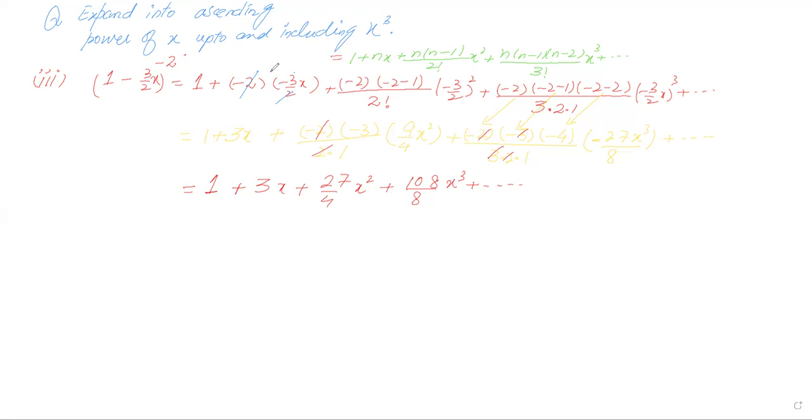Suppose that is equal to 1 plus x raised to power n. That is the condition over here. So whenever you have this expansion, the first term will be 1, the second term will be any other terms including x, and the whole power will be negative or fraction or both.